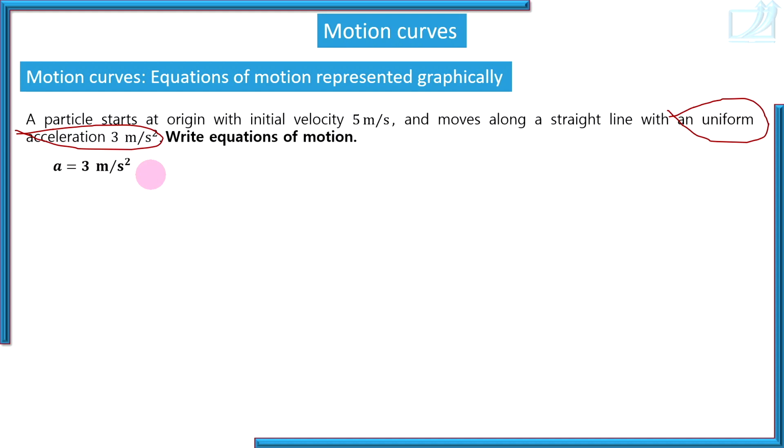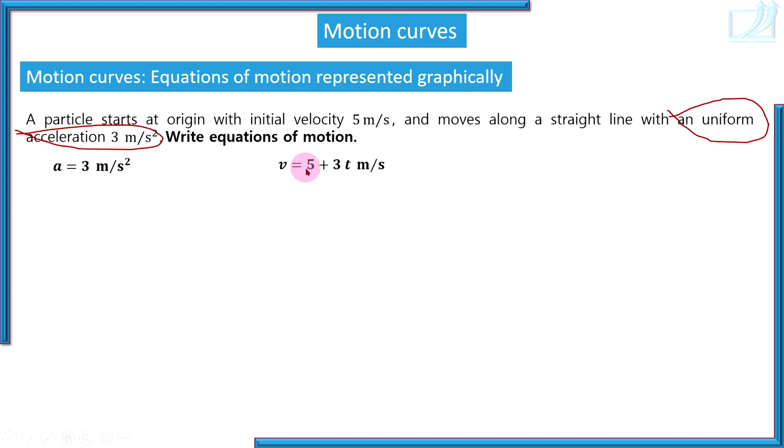A relation between any two of these four variables, position, velocity, acceleration and time, is an equation of motion. So this is also an equation of motion, in the sense this equation suggests that acceleration is not a function of time t, it is not varying with time t. So this is one of the equations of motion.